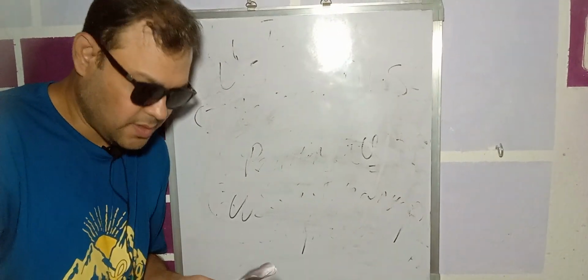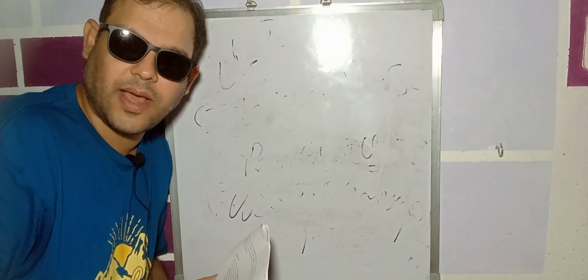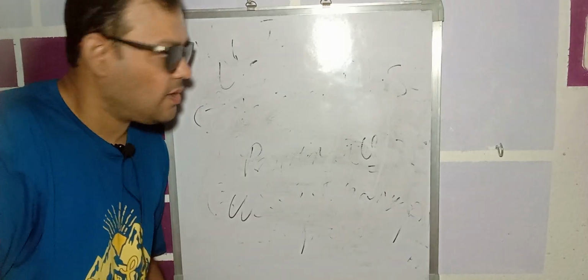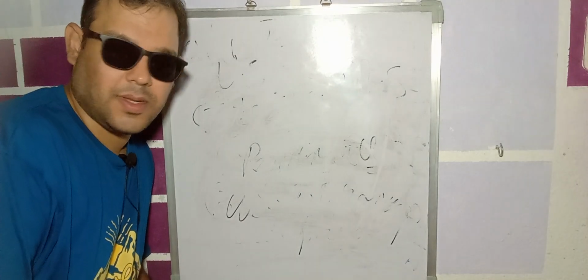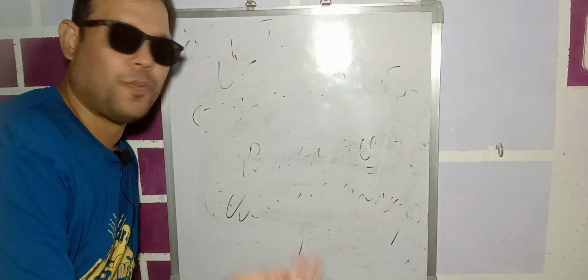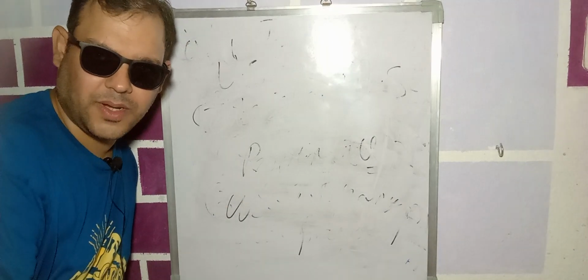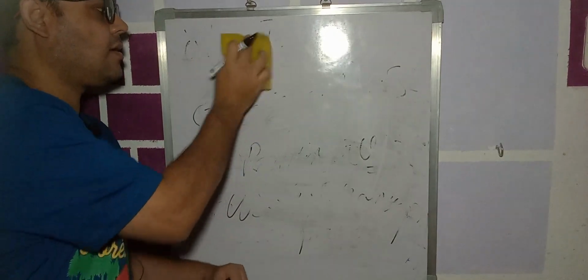Okay, in this video, I'm going to talk about US tax terms. There are three US tax terms. Tax terms are about who pays the tax to the government.